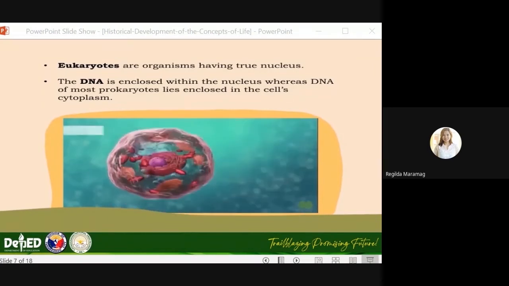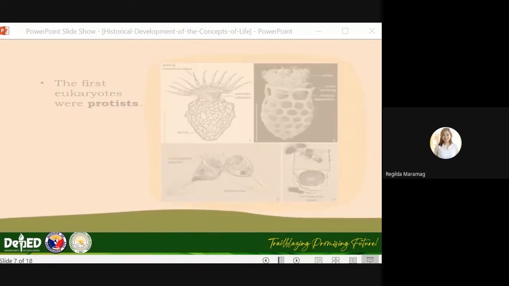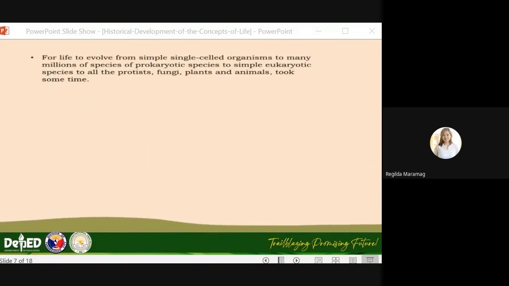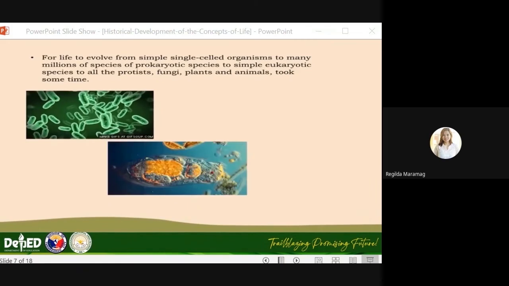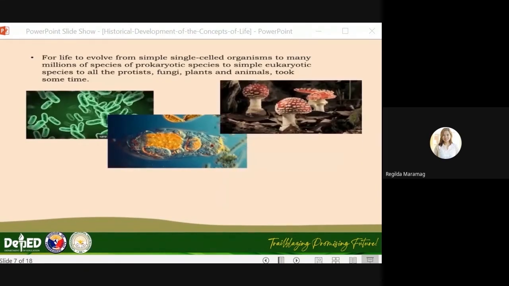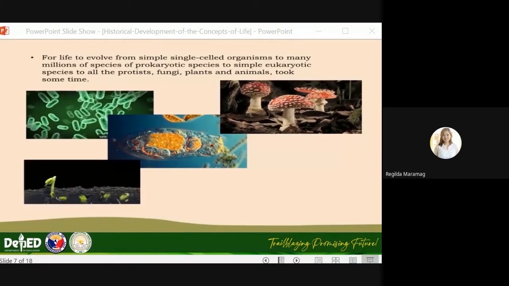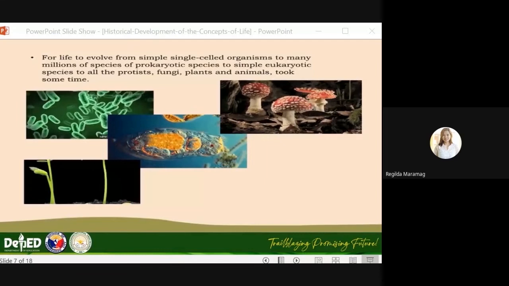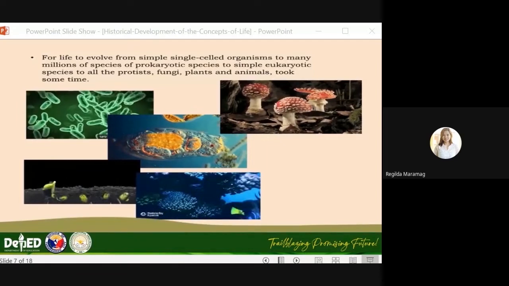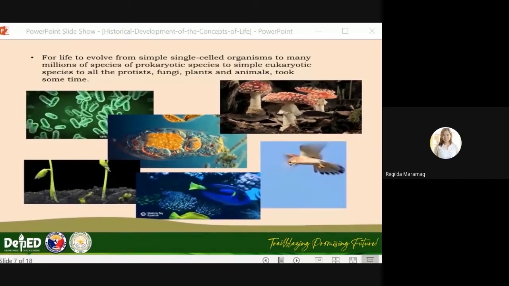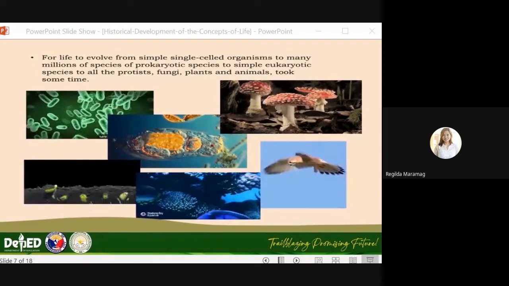The first eukaryotes were protists. For life to evolve from simple single-celled organisms to many millions of prokaryotic species, to simple eukaryotic species, to all the protists, fungi, plants, and animals took some time.